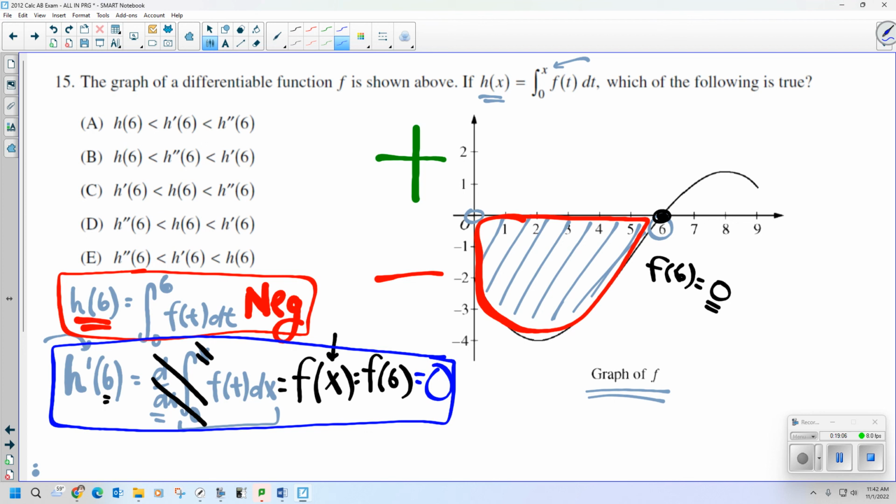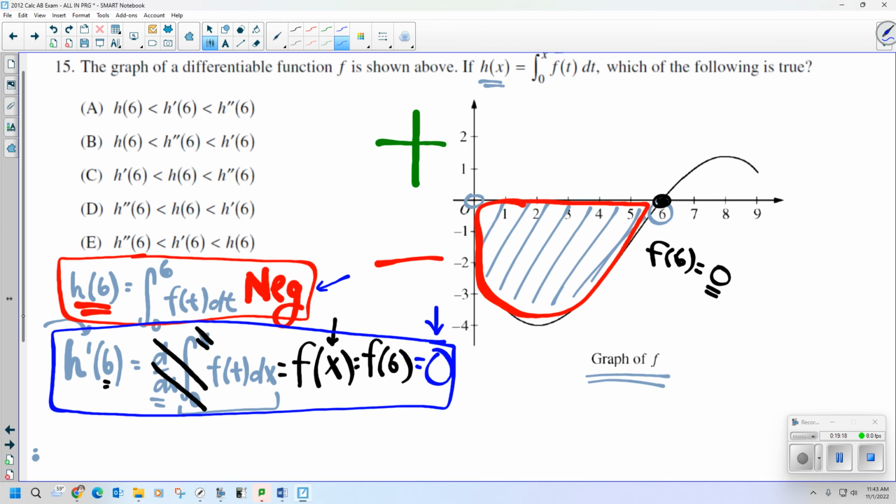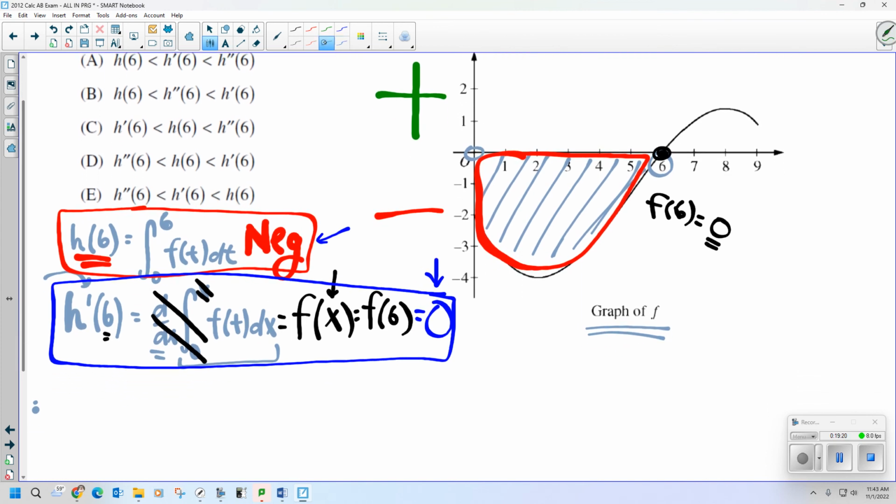So right now I know h of 6 has to be less, because it's a negative number, than h prime of 6. So I won't go canceling anything out yet. Let's figure out h double prime. Let's go back to here. H double prime of 6. Well, if the derivative of h is just f of x, if I want the derivative of that, I'm just going to find the derivative of f of x.